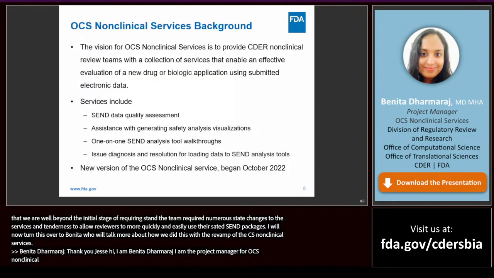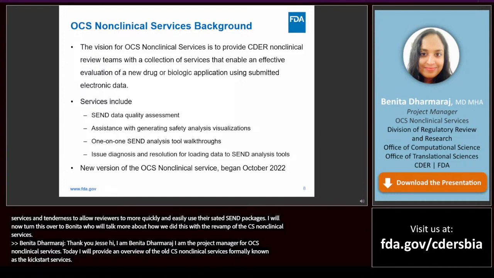The vision for OCS Nonclinical Services is to provide CDER non-clinical review teams with a collection of services that enable an effective evaluation of a new drug or biologic application using submitted electronic data.